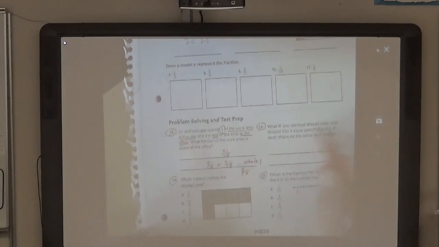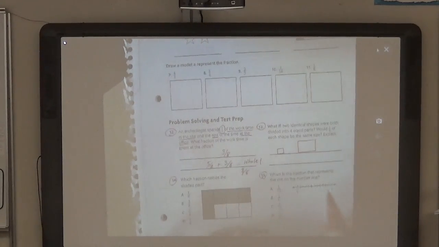What if two identical shapes were both divided into 4 equal parts? Would 1/4 of each shape be the same size? I'll give you a hint. Here's a square. And here's a square.